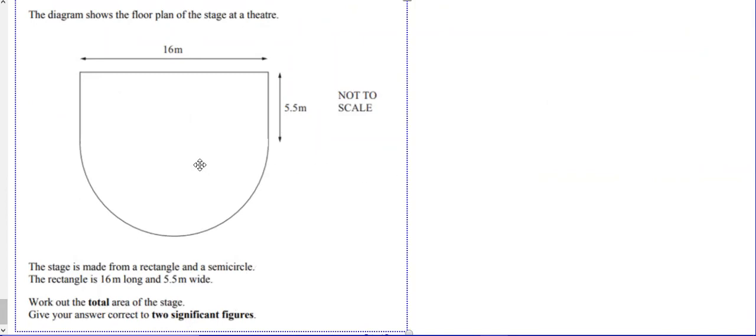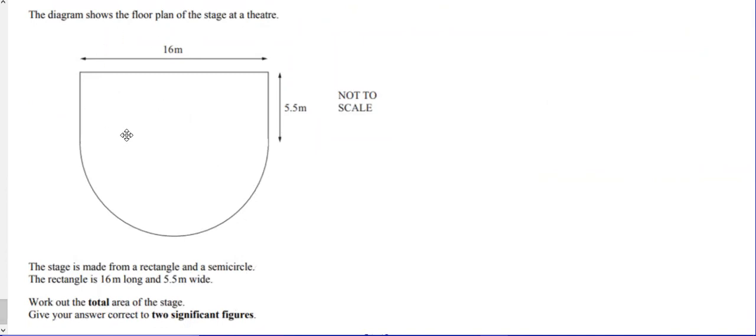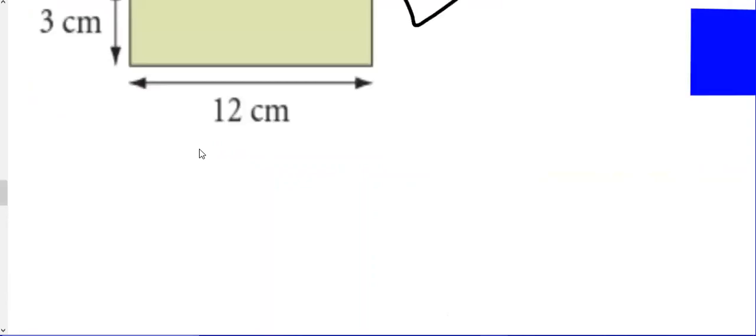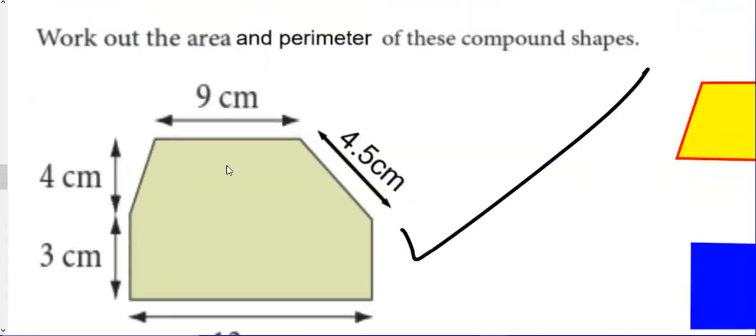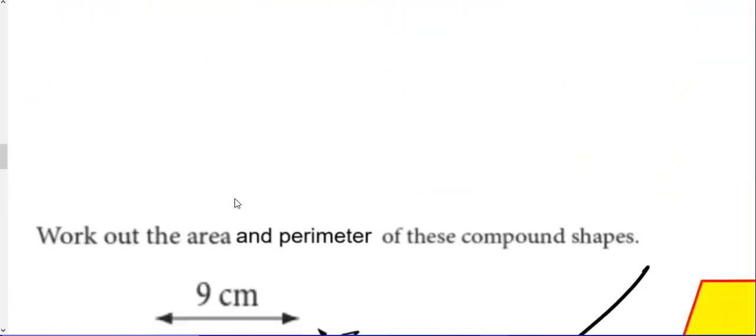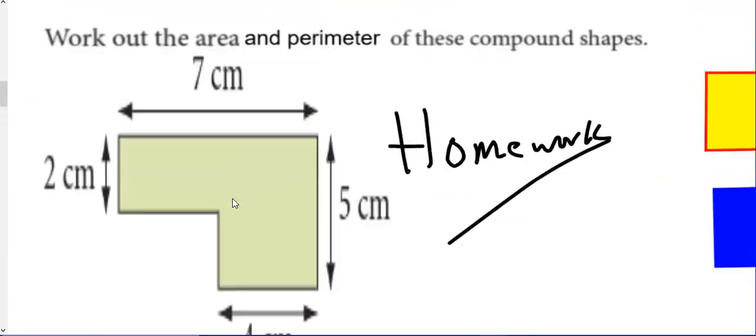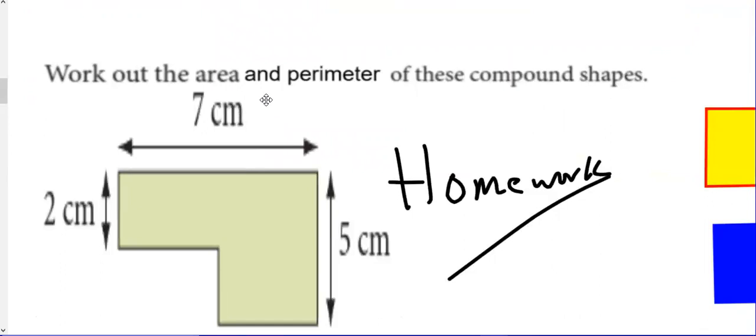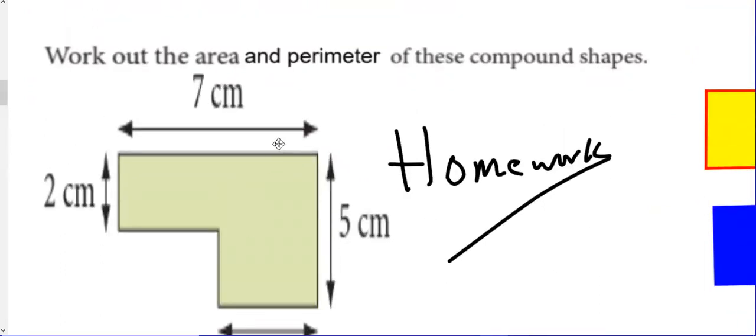Try this question, okay? So how many questions are there in the homework? Let me start counting. 1, this is your homework. 2, work out the area and the perimeter. 3. So the first question, this question here, you'll be finding area and perimeter.